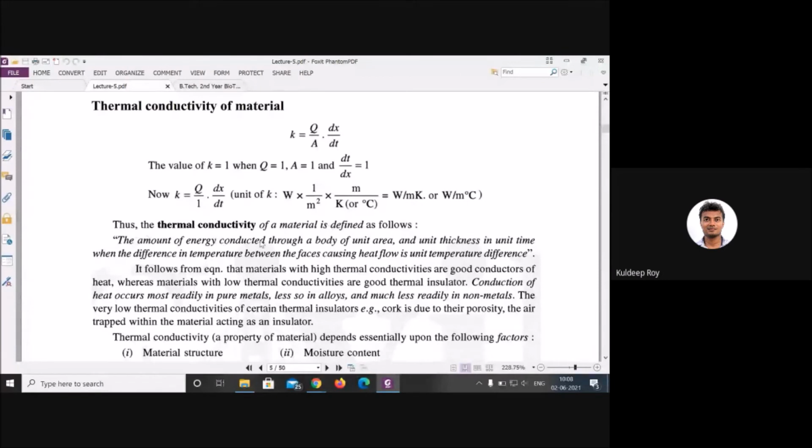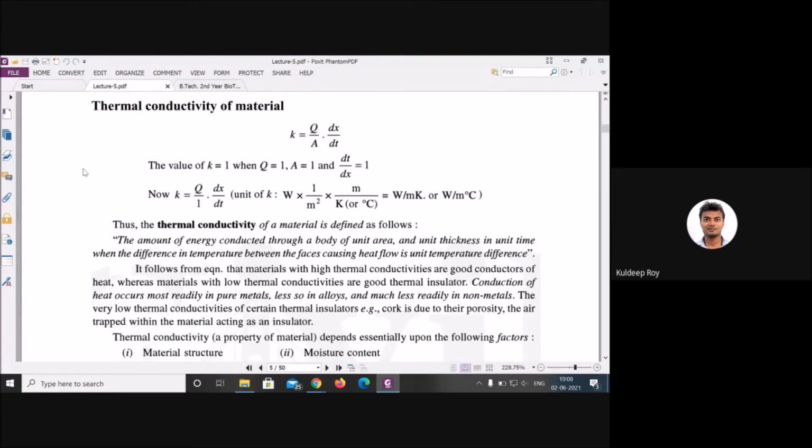The amount of energy conducted through a body of unit area with unit thickness in unit time, when the temperature difference between the faces causing the heat flow is unit temperature difference. This is the definition of this expression.